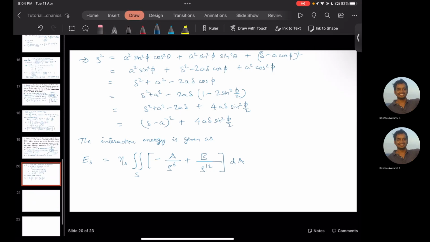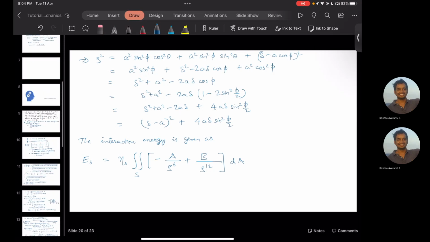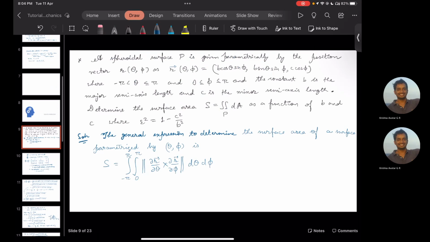Okay, so for that, let's go back to our first question. There lies our answer. For the first, it was said that this was a spheroid, which means it's not a sphere, but some sort of a distorted sphere, or to be more accurate, we call it an ellipsoid.